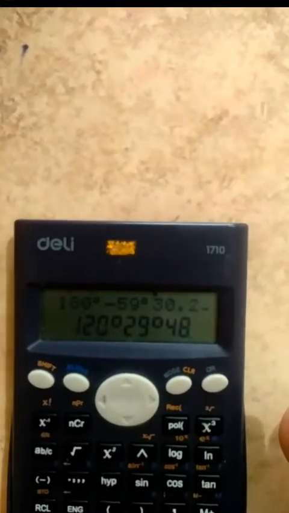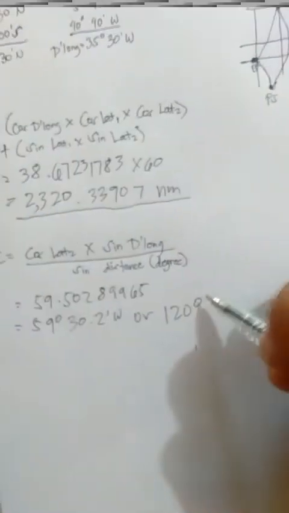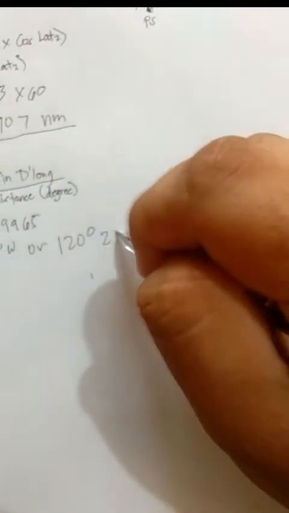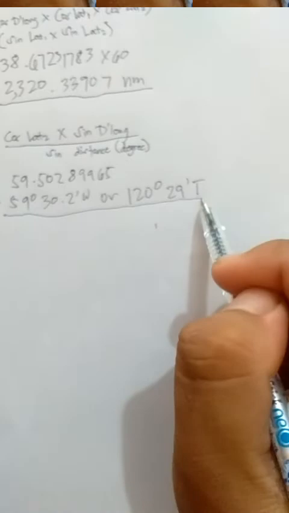Then you will get the true course, which is 120 degrees 29 minutes true. So this is my initial course.